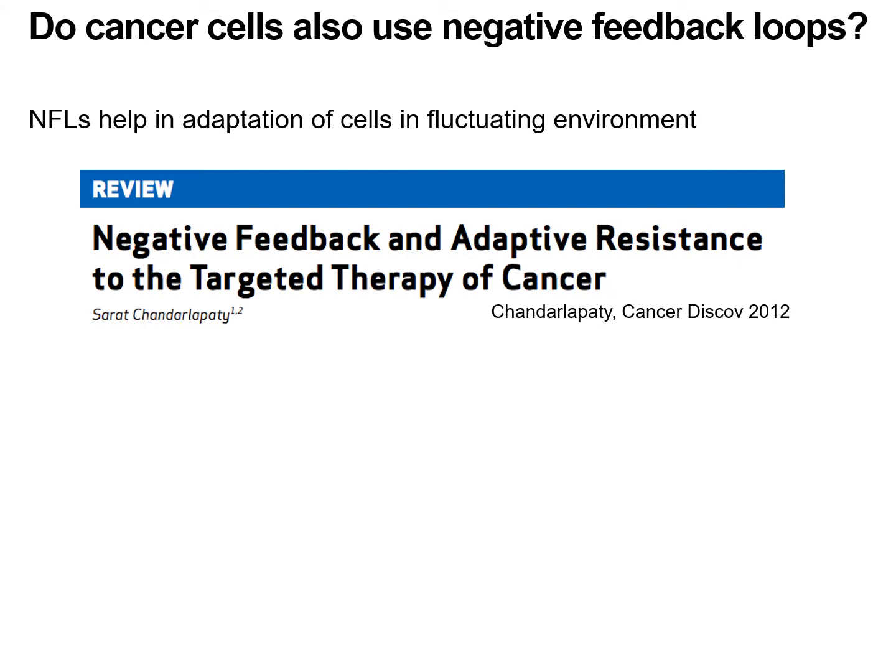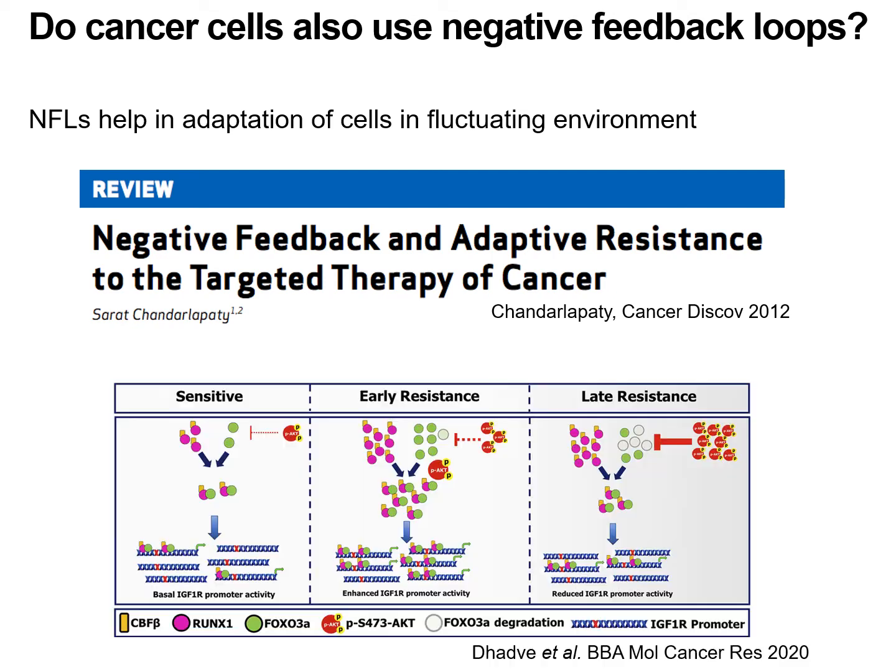So negative feedback loop has actually been talked about more recently in the context of cancer, in that it helps develop cancer cells' resistance against the different therapies that are given to a specific patient, including one of the studies that we were a part of, in the context of ovarian cancer, where we observed that when these ovarian cells are developing in the very initial phases resistance against this particular therapy, they actually make use of a negative feedback loop.